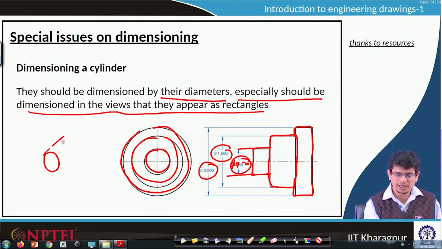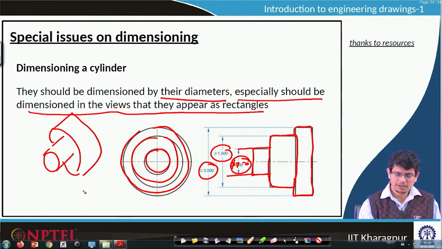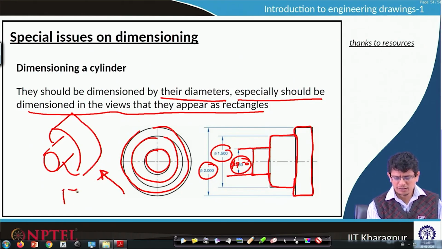So, if we have multiple cylinders, such kind of thing, and we are looking from this view, they appear like rectangles. In that case, the diameter we are going to show in this way.